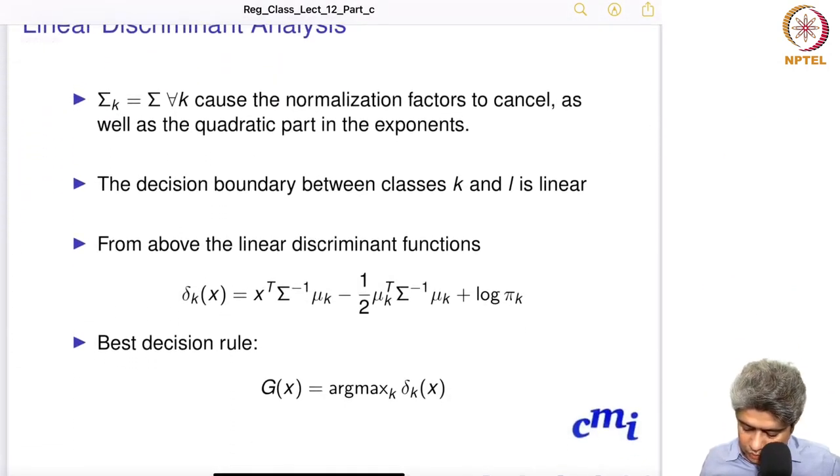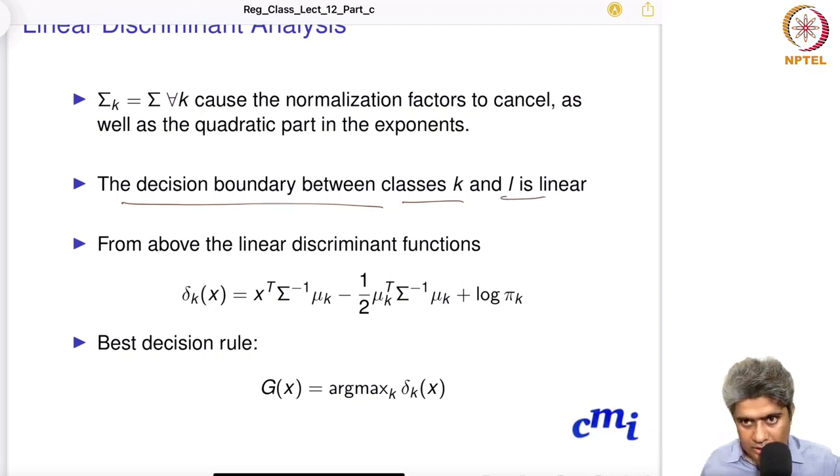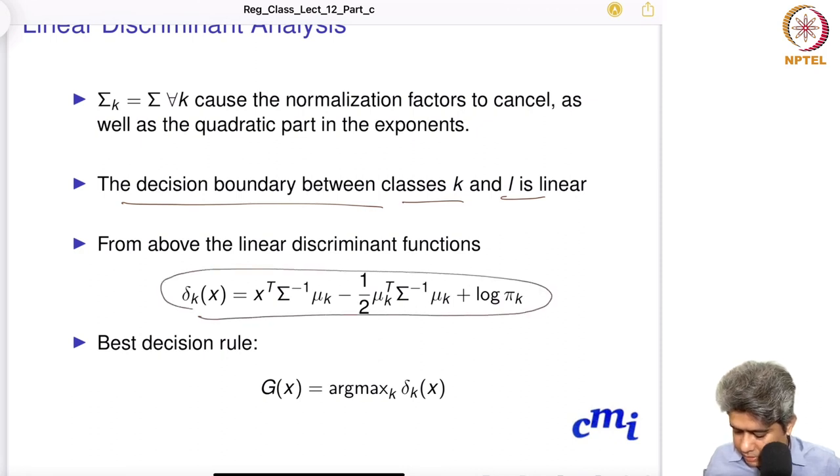Now linear discriminant analysis will give you a decision boundary between classes k and l, and these decision boundaries turn out to be linear. We will see about it in a few slides. From the above, you can come up with the decision boundary like this, and the Bayes decision rule is basically the argmax of delta_k(x).